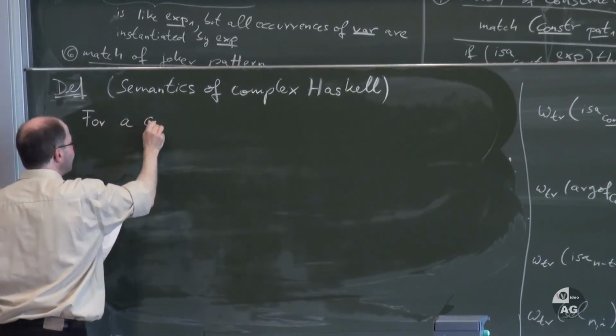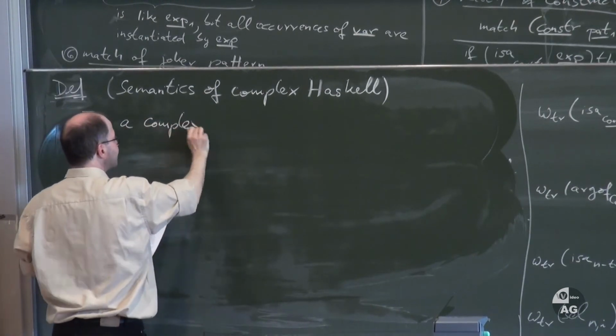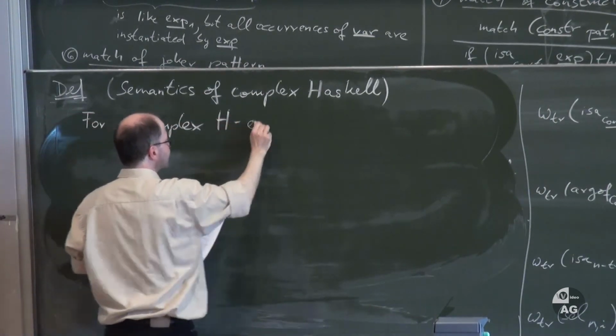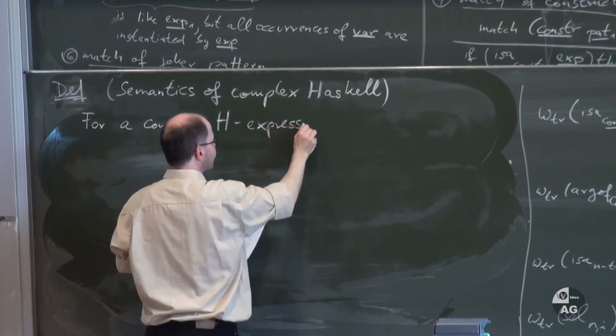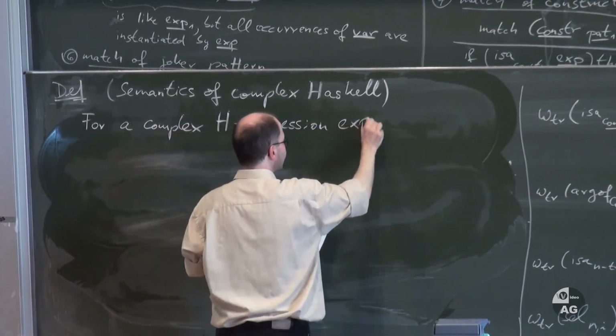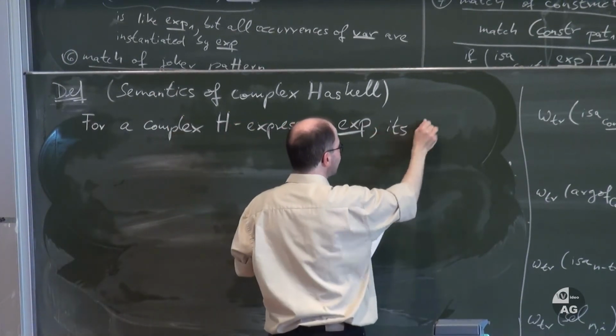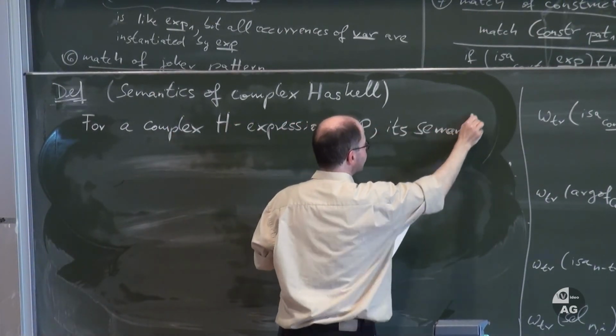It's as follows: for a complex Haskell expression exp, we can now define its semantics as follows.